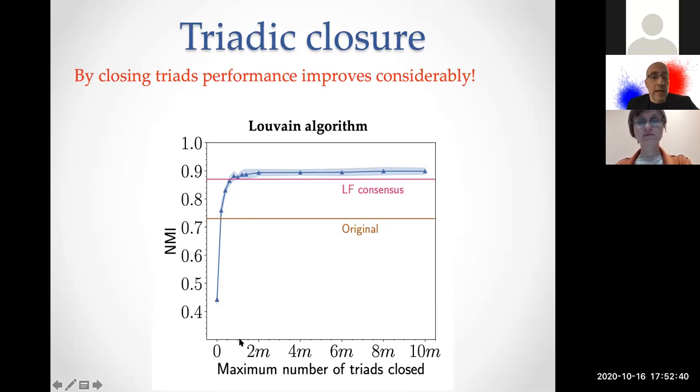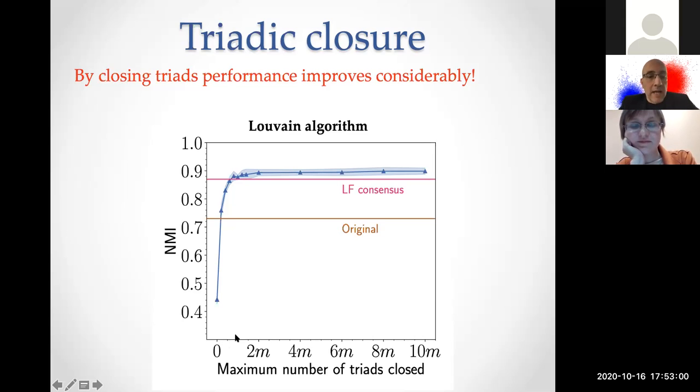But if you start to close the triads the way I told you, you take a point, you check its neighbors, and if the two neighbors have a zero element in the consensus matrix, you compute how many times these two nodes have been co-clustered, and you add another entry to your consensus matrix.